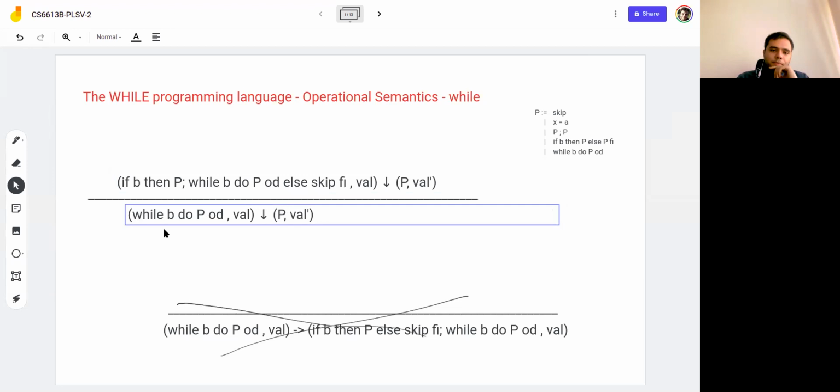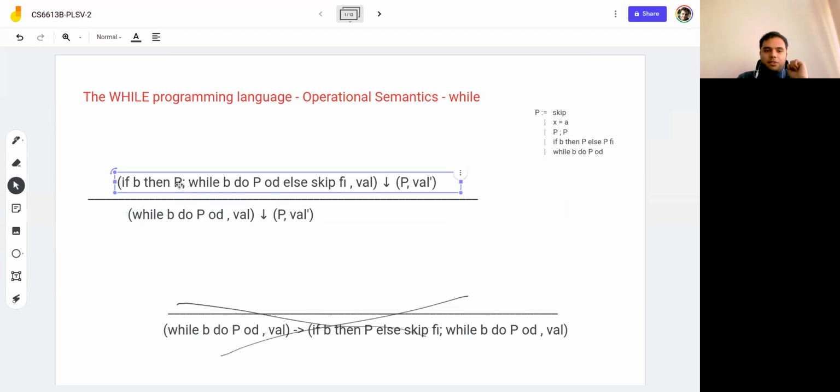It's okay. But if it actually terminates, then the number of iterations would be finite, right? So let's say it will terminate after n iterations. In that case, we will make this program bigger and bigger, but we only do that n times. And then at some point, we will make it smaller, right?